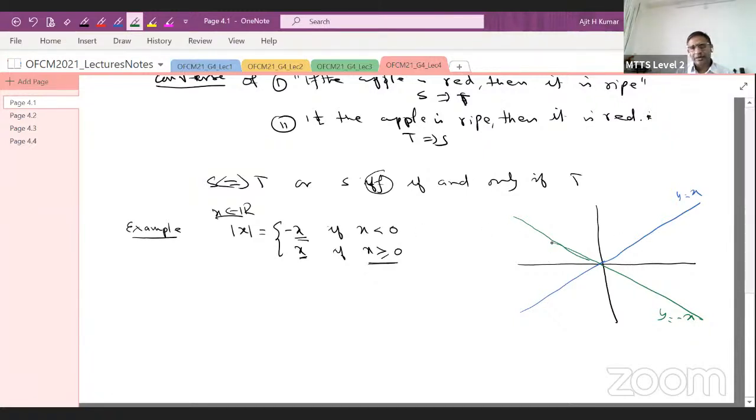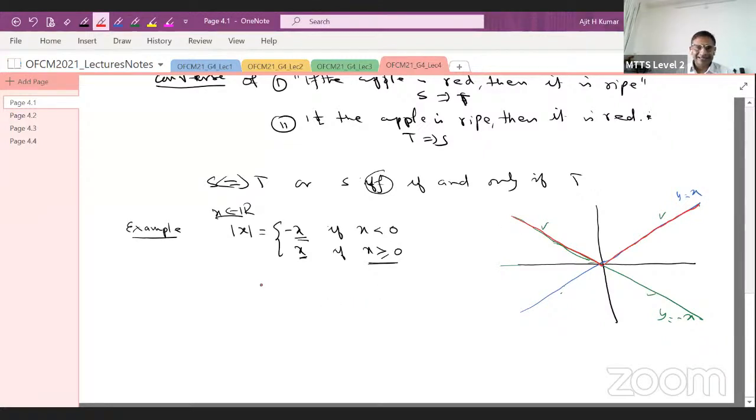So if you compare these two graphs, on this side this one is above, whereas on the right hand side this one is above. So this is your mod x.